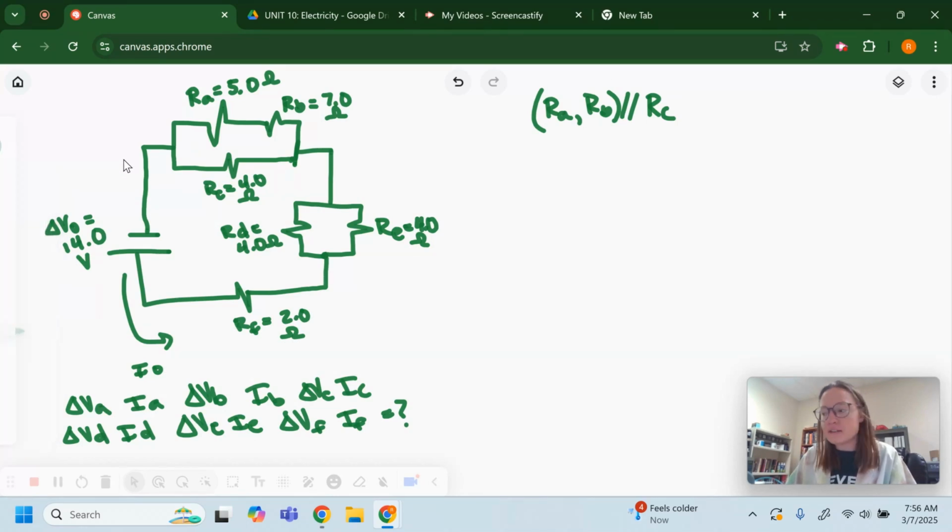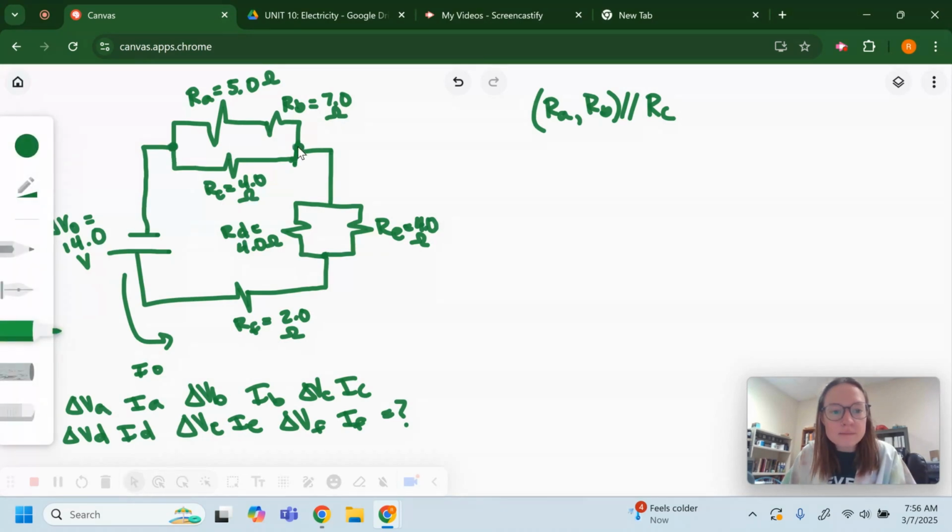Now I have effectively simplified this little spot right here between these two points, which I'll call point 4 and point 3. I'm going to label those in different colors because I think that's going to end up being helpful later.